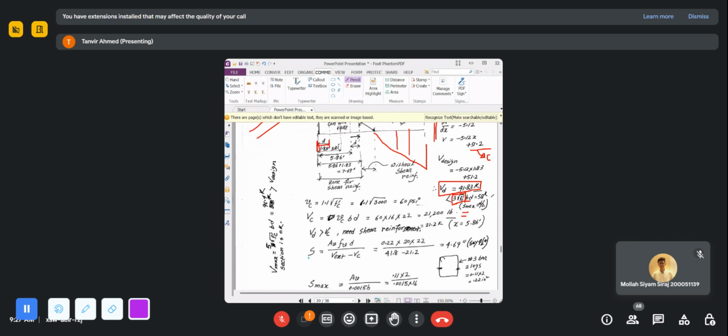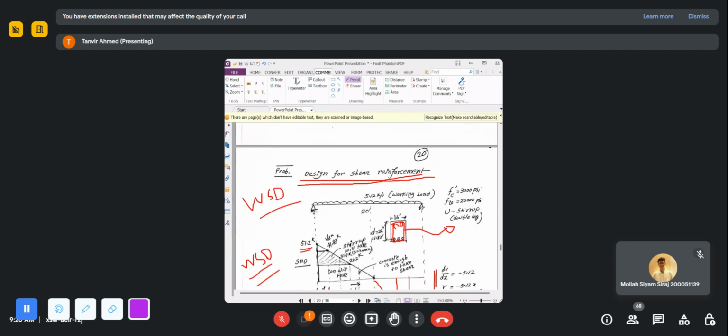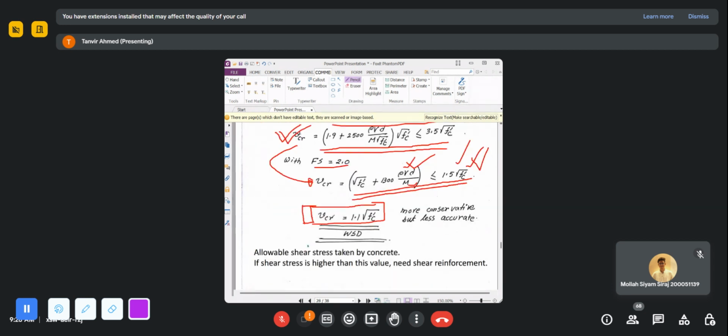Now again, the shear strength of the concrete, okay, the simple equation that we discussed in the last slide. This is the simple equation, 1.1 square root of FC prime.